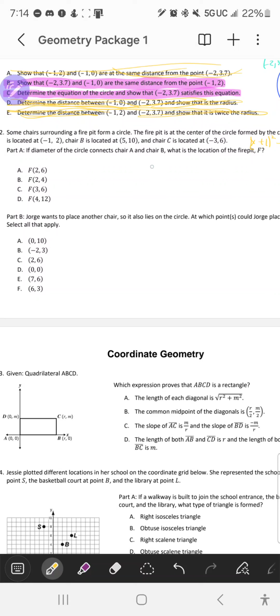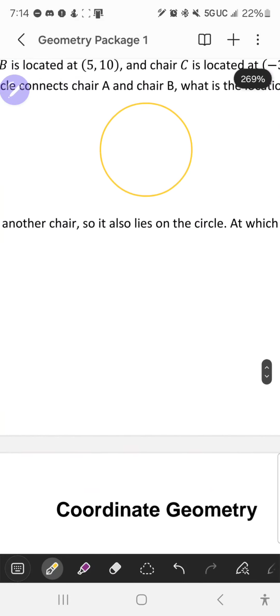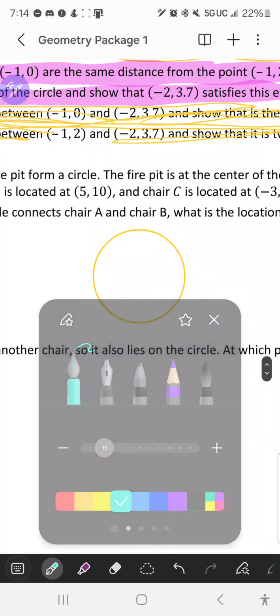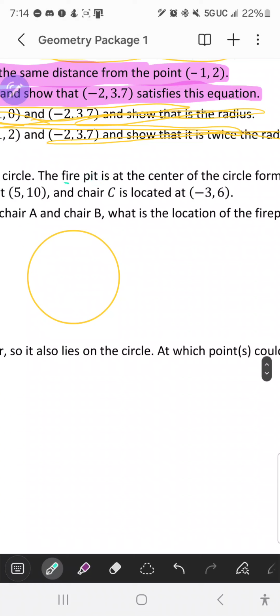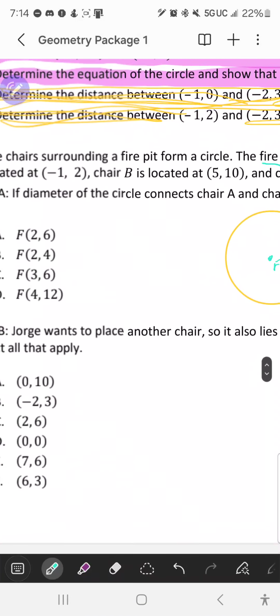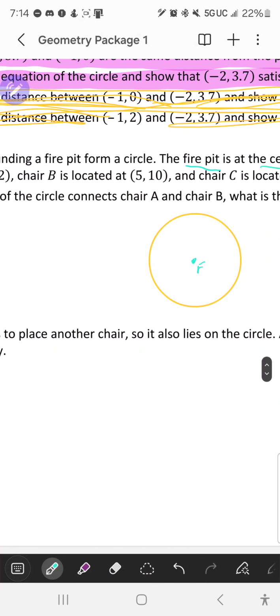what is the location of the fire pit F? Okay, let's draw it. We have this. Okay, we know that there is a fire pit. The fire pit is at the center, so here is going to be the fire pit F. And then I know that point A is -1, 2.